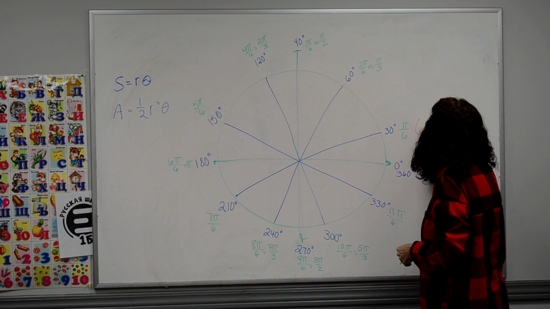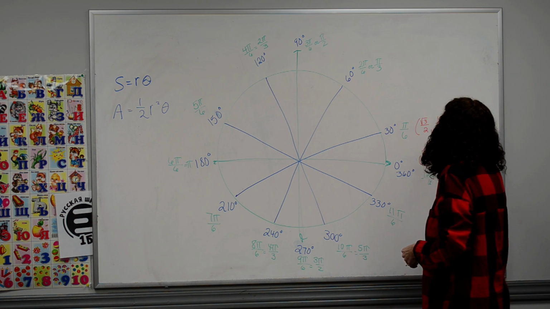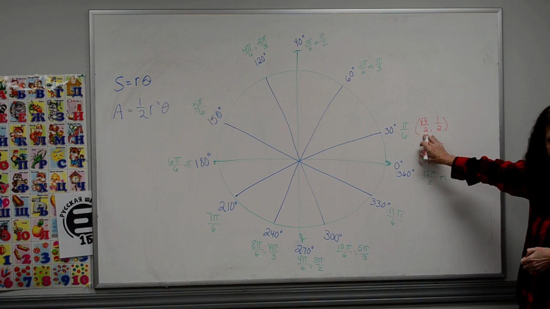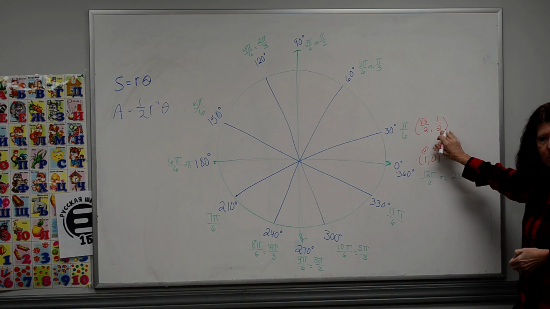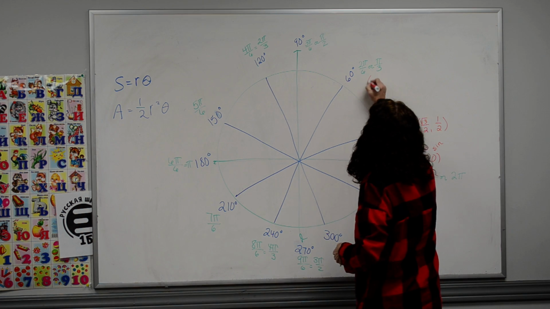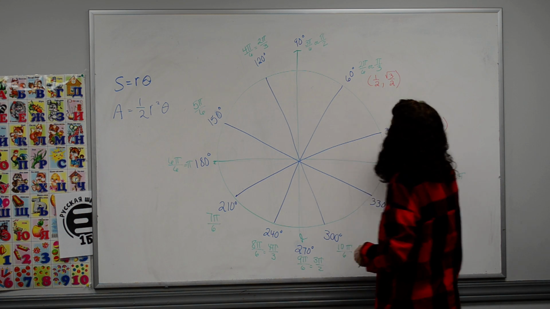Here, you have the square root of 3 over 2 and 1/2. So the cosine is the square root of 3 over 2. The sine is 1/2. Okay, you with me? This one switches. So the cosine is 1/2 and the sine is the square root of 3 over 2.